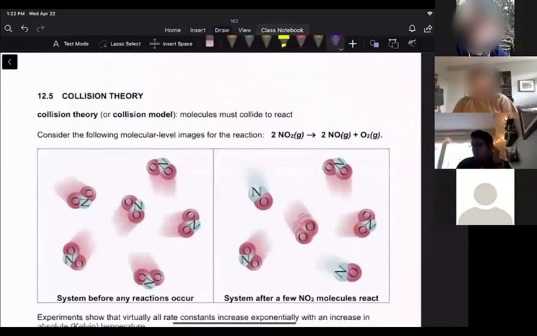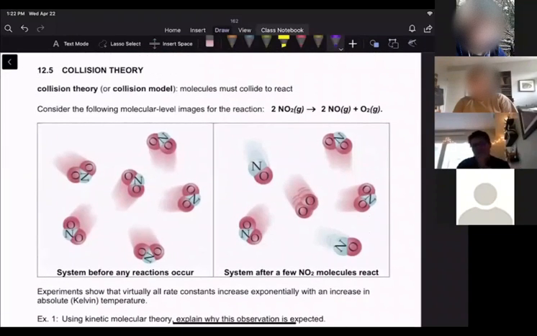All right, so collision theory. Have you guys considered collision theory before? Do we see this earlier, maybe in gas law? Yeah. Well, there are a couple of things that affect how fast a reaction can happen. And there's two main effects.